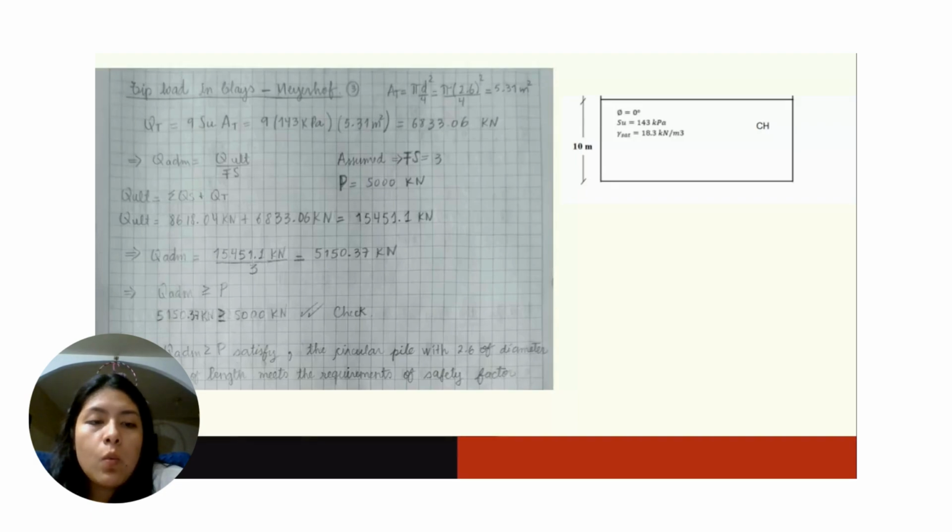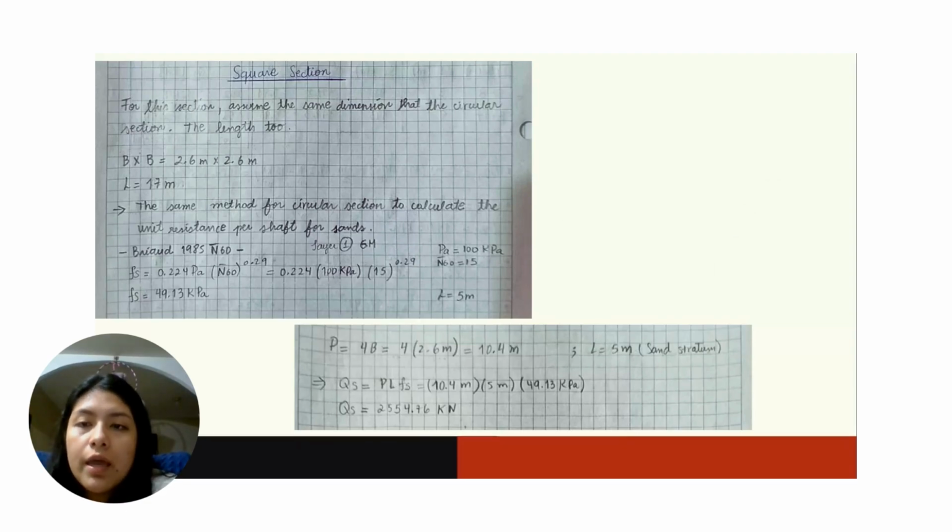To find Q ult, we add the total load per shaft plus the tip load and then divide that value by the safety factor, giving us a result of 5,150, which is greater than the load indicated in this exercise of 5,000. This means that with a diameter of 2.6 and length of 17 meters, it meets the requirements of the safety factor for the circular section.